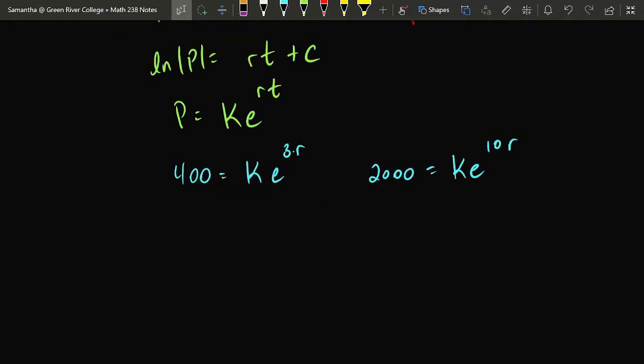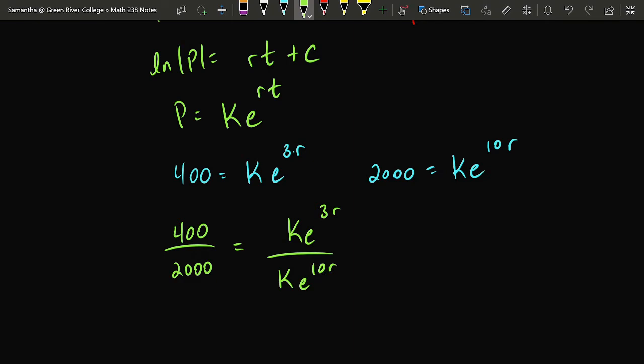What I'm going to do now is consider what would happen if I divided these two expressions. On the left-hand side, I'll have 400 divided by 2000. And on the right-hand side, I'll have k e to the 3r over k e to the 10r.